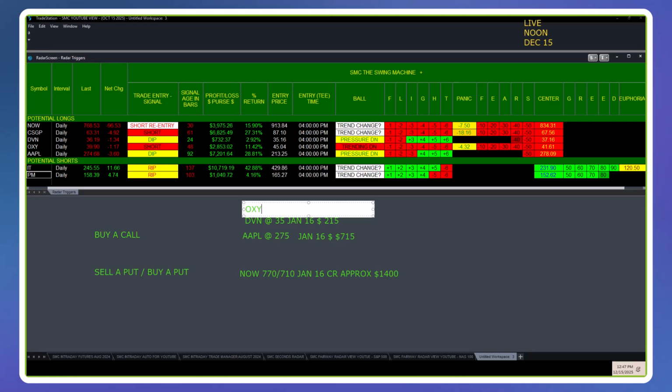That's really cheap. Money-wise, it's only a buck 36. So we're going to do it at 40. Oops, sorry. At 40, January 16th, and the cost is approximately 136 bucks. Is the idea.